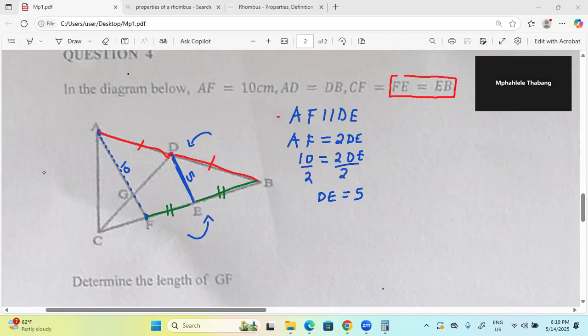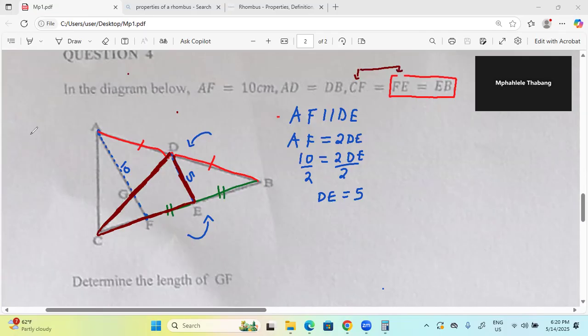Now let's go to this triangle. Now let's put our focus on this triangle. We were told that CF equals FE.